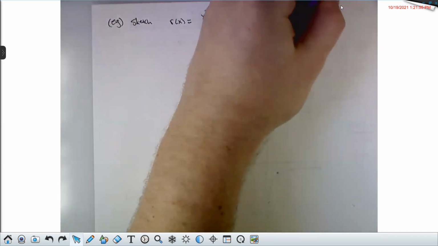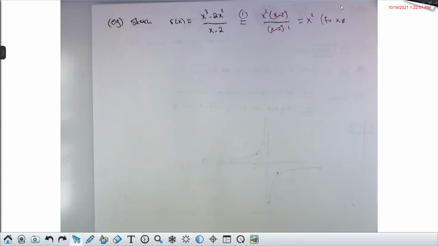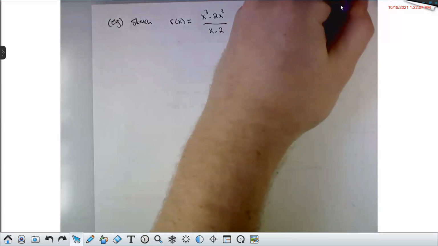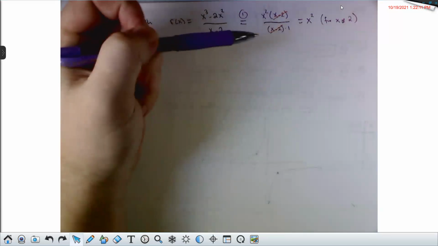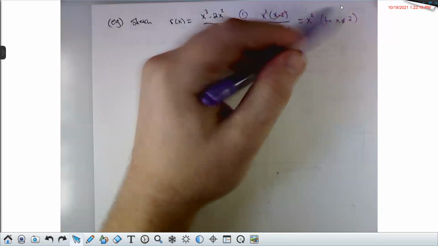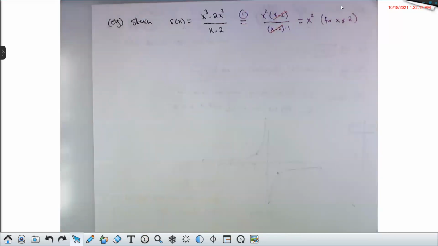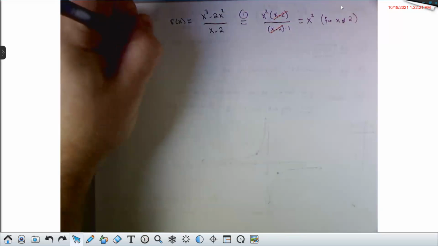But this is valid only for x different from what? Where's the hole? x equal to 2. Very good. So this cancellation is valid for all x different from 2. In other words, my function is equal to x squared everywhere except at 2, where it's undefined. So there's going to be a hole at x equals 2.